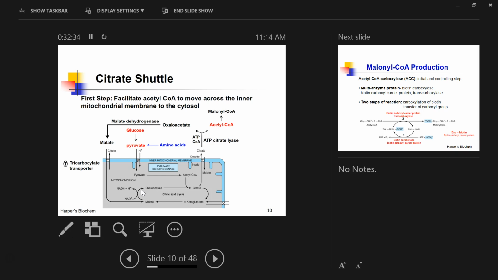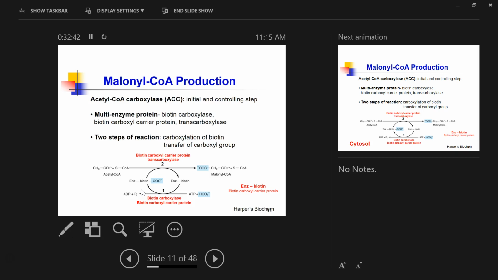So try to remember what the purpose of the citrate shuttle is, right? Now this is the first or initial controlling step of lipogenesis. That is the formation of malonyl-CoA. So once acetyl-CoA arrives in the cytosol, then the first step is acetyl-CoA being converted to malonyl-CoA, right?